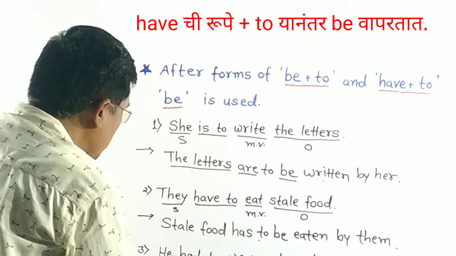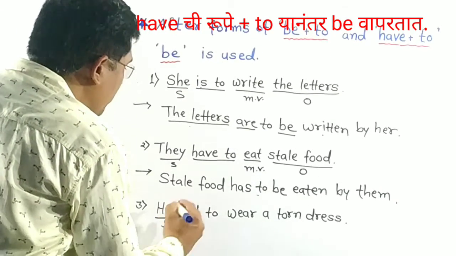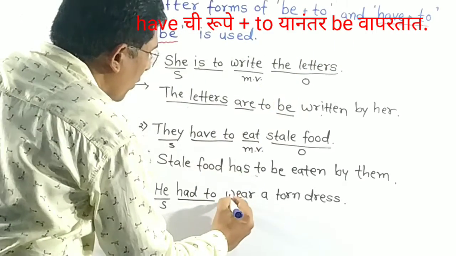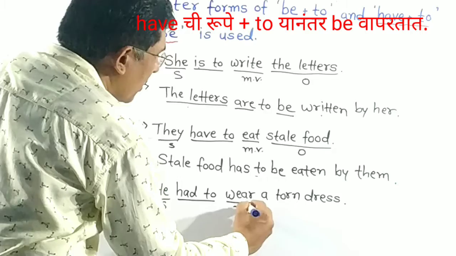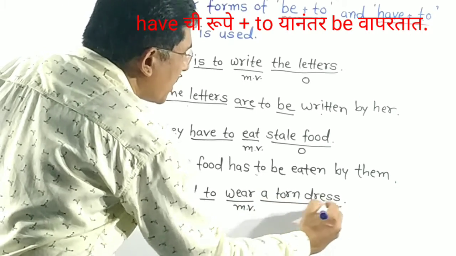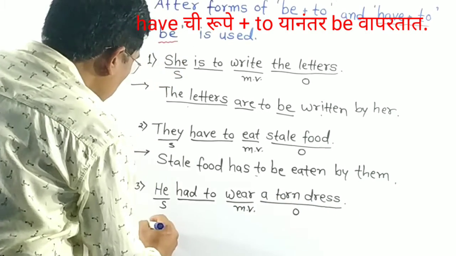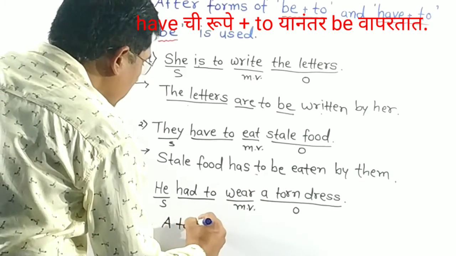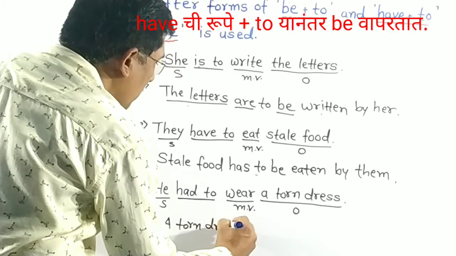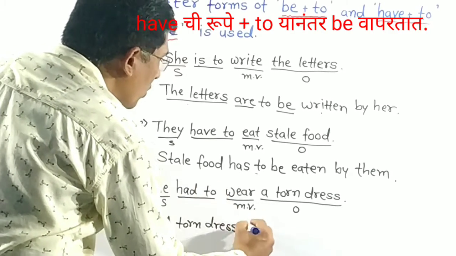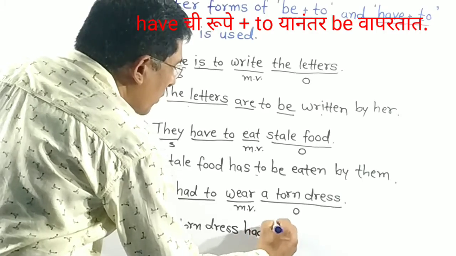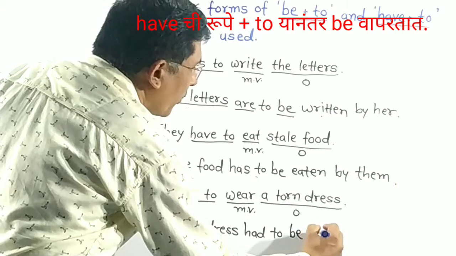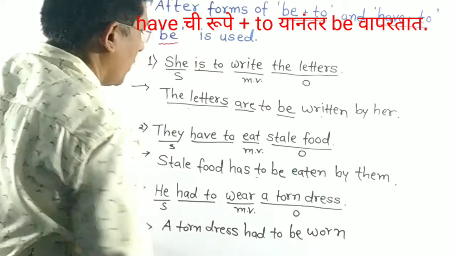And last sentence. He subject, had to is the form of have to. Where is main verb? A torn dress is object. Take object first. A torn dress had to be, V3, where worn.